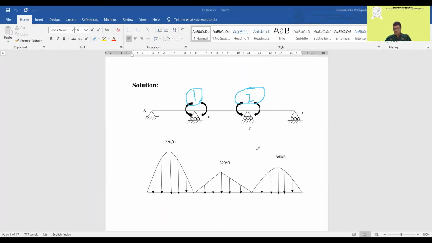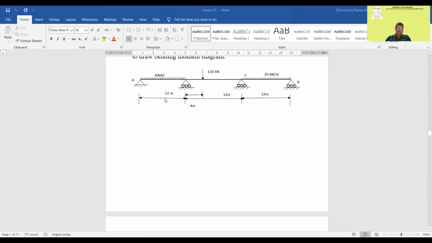So to draw the conjugate beam, what will we do? You will draw the free bending moment diagram. So what is the free bending moment diagram now? You go to your problem. It is 40 here, so the value is 40 into L square by 8.